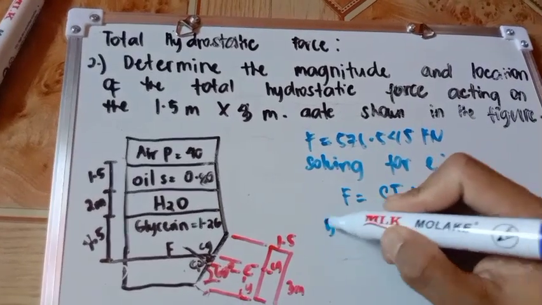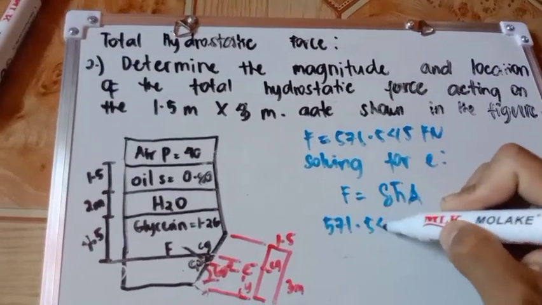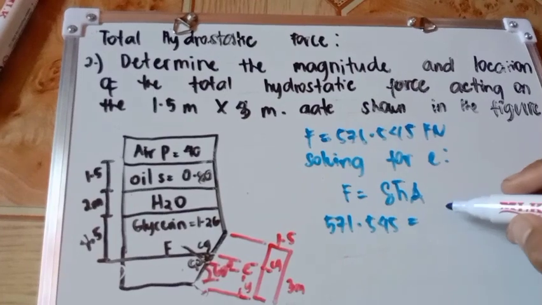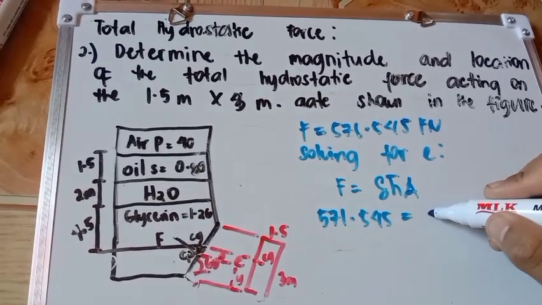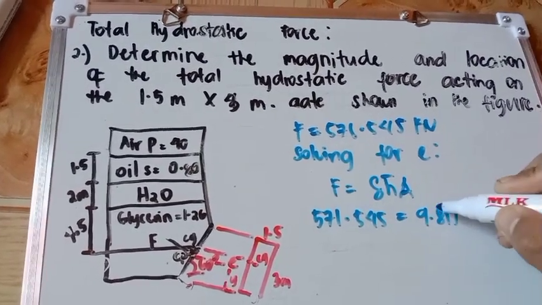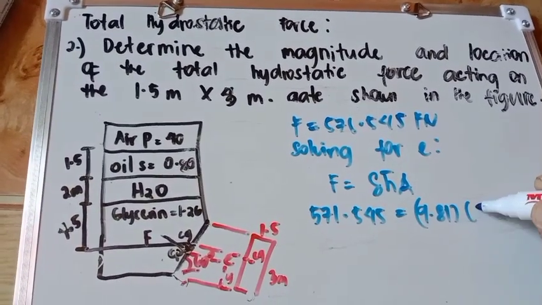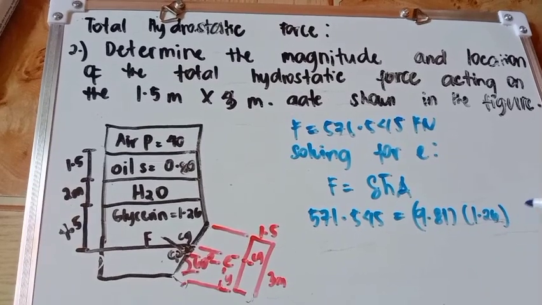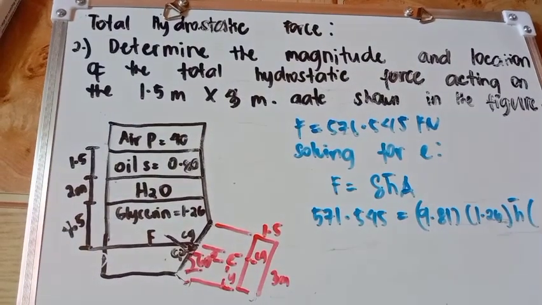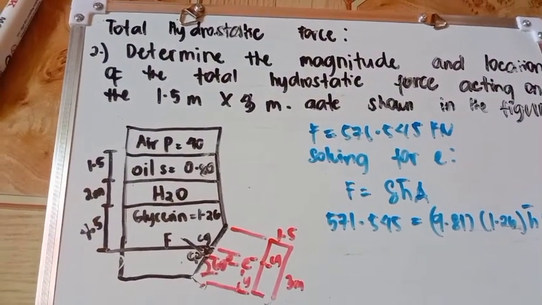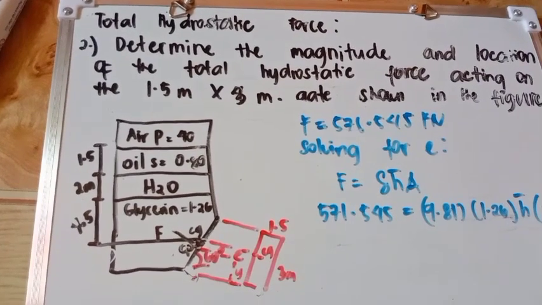So 571.545 is equals to unit weight 9.81 times ang specific gravity sa glycerin, which is 1.26 times bar H times the area, which is 1.5 times 3.